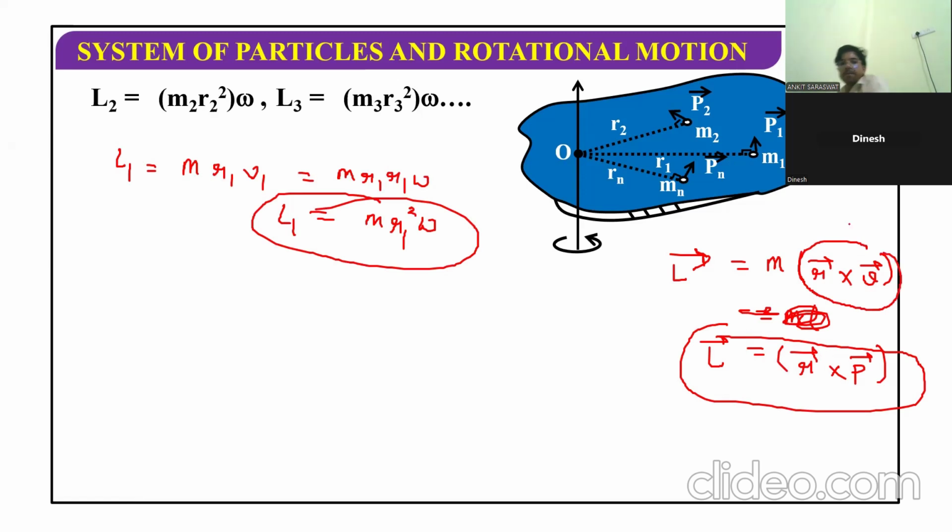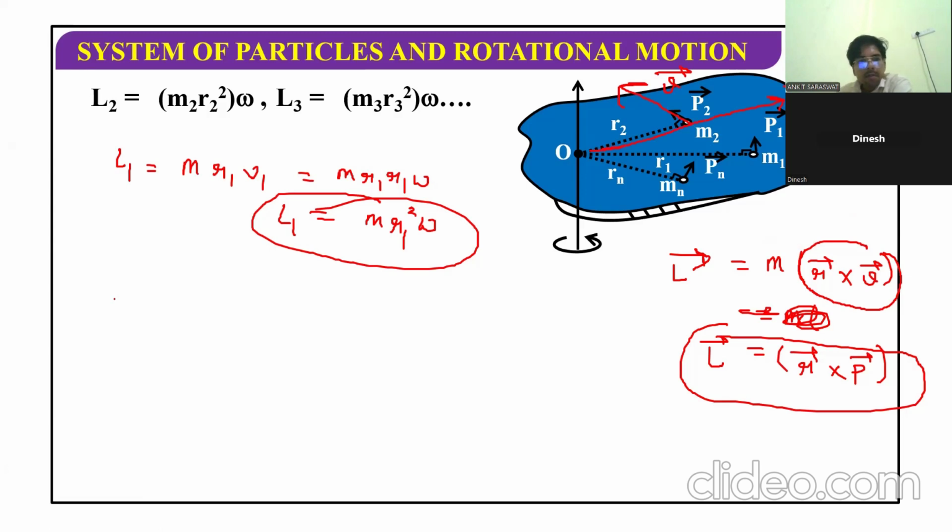For example, this particle's r vector will be like this, and this is the velocity, v vector. So r cross v is perpendicular to the plane like this. Right hand thumb rule, I think you are familiar, is the screw rule.